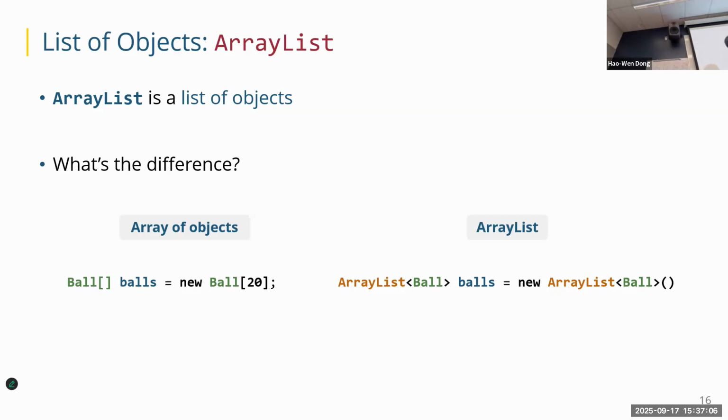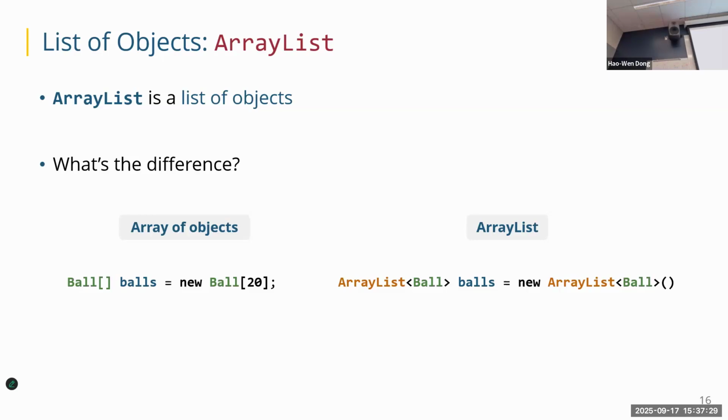Say you have like 9 stars, 8 stars, whatever number of stars, you know how many stars you have. But if you don't know how many stars you need, you want to click and add a star every time, or think about the bouncing ball. If you want to click and get a new ball, then you want to use this ArrayList. And the syntax is a bit complicated.